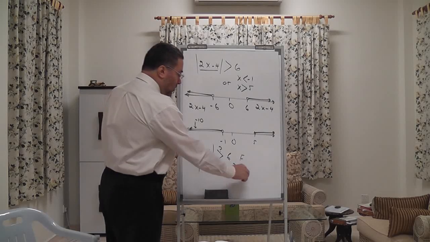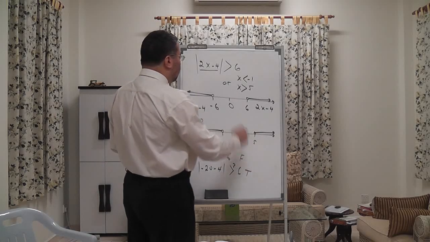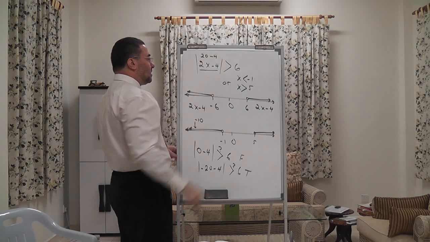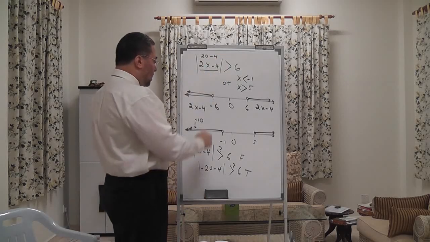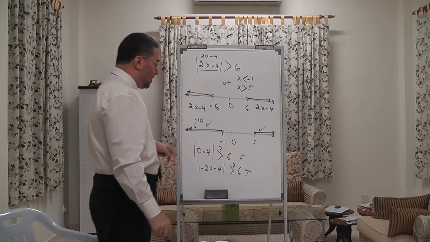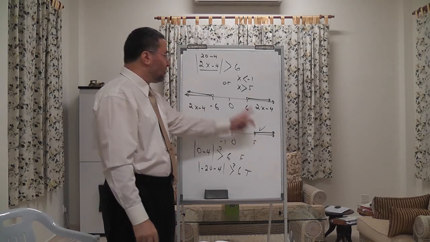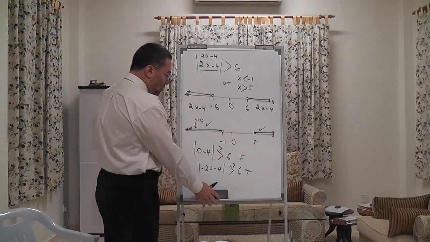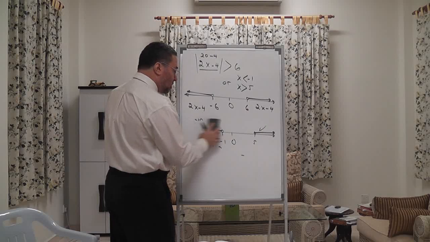That's true. It is more than 6. And if you try 10, you get 20 minus 4, and that's 16, and that's more than 6. So here we check the two regions, and values from these regions fit this inequality, and in between does not. So we check our work, and our work is correct.